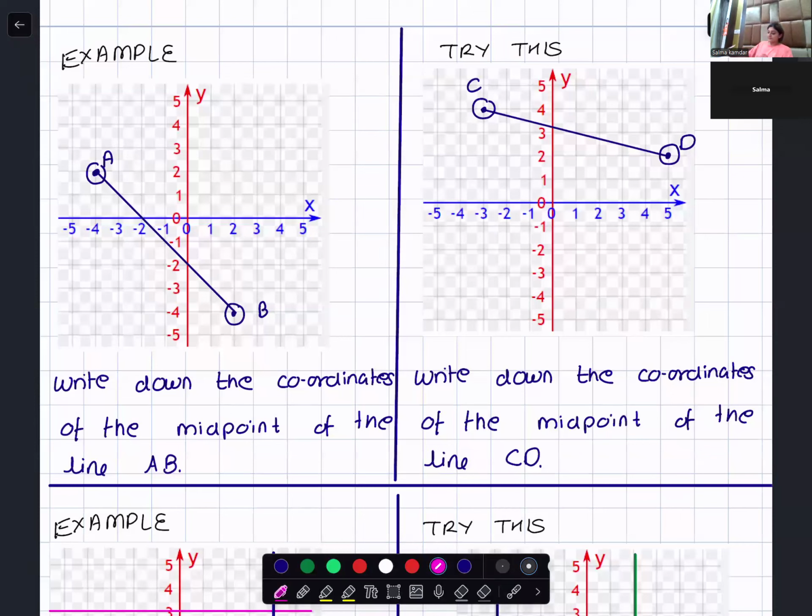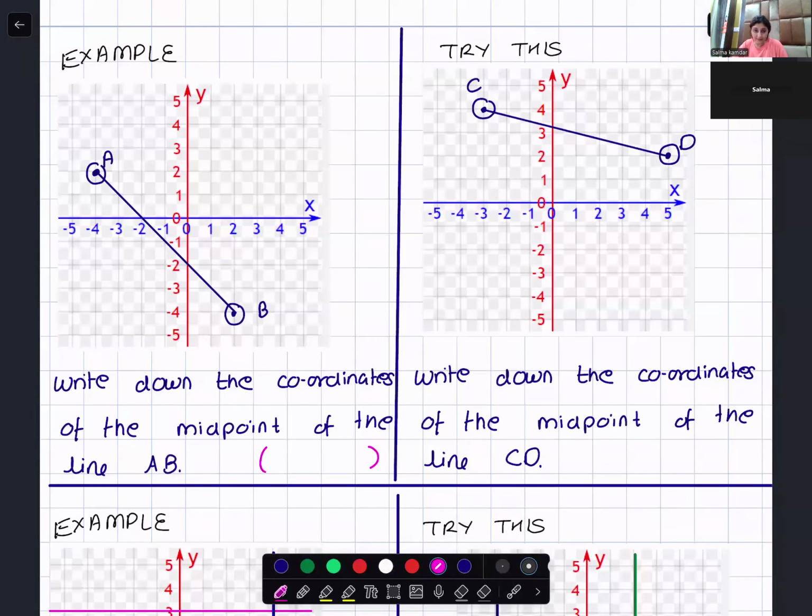Now over here, we have to write the coordinates of the midpoint of AB, without actually solving for it. How do I do that? Since I need the coordinates, that means I need the x coordinate and the y coordinate.